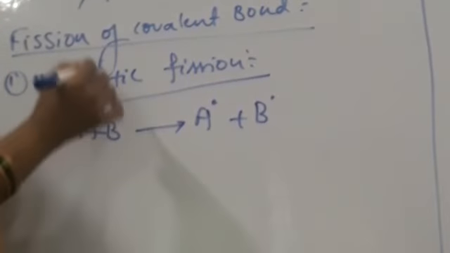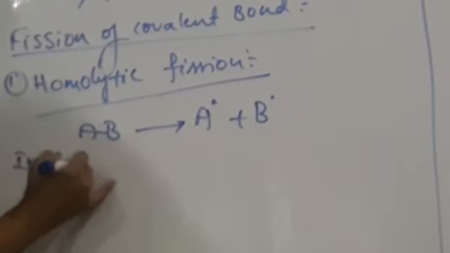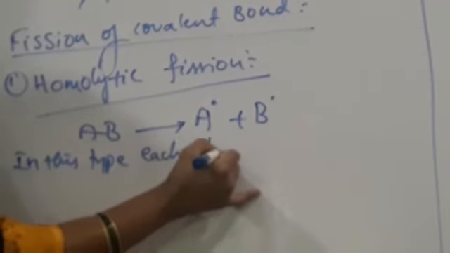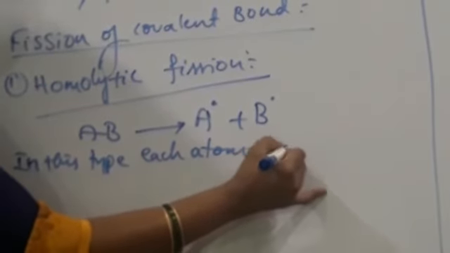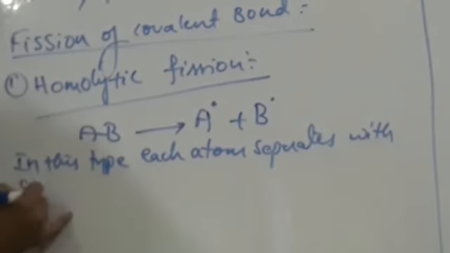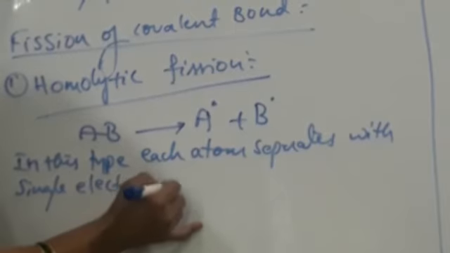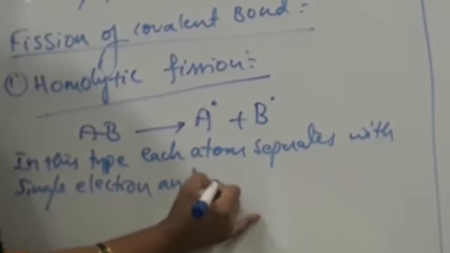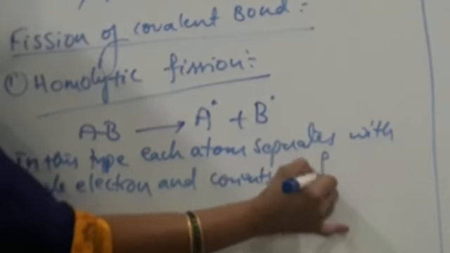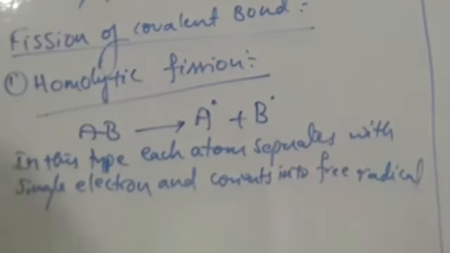In homolytic fission, each atom separates with a single electron and converts into a free radical.